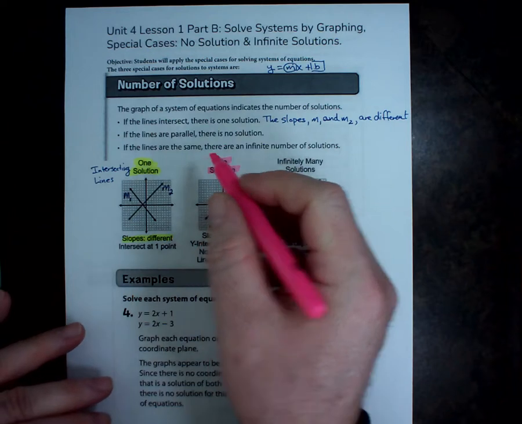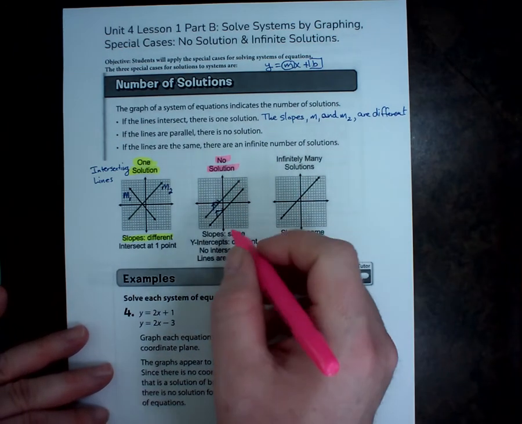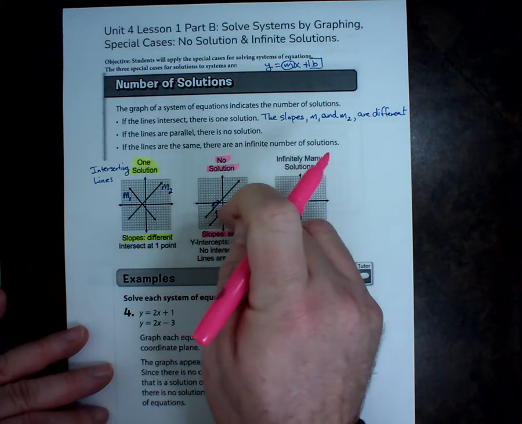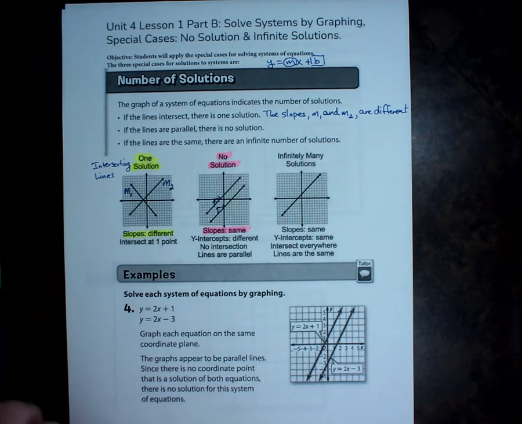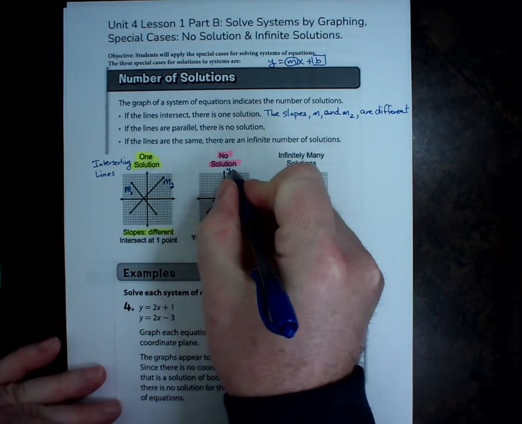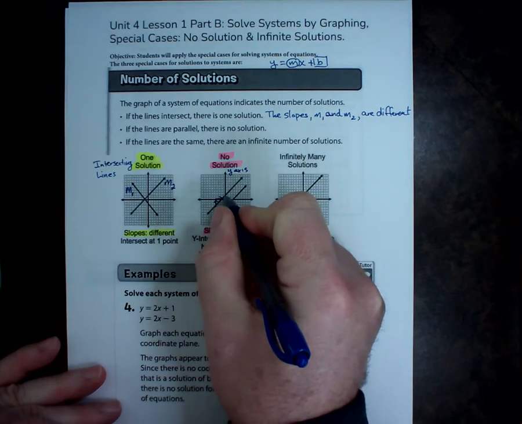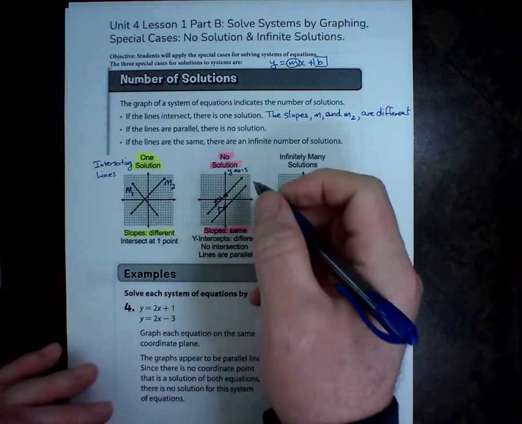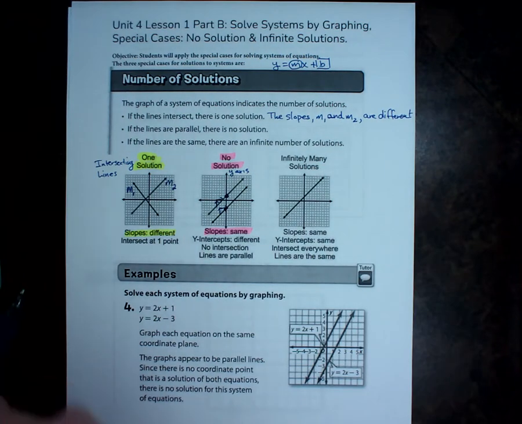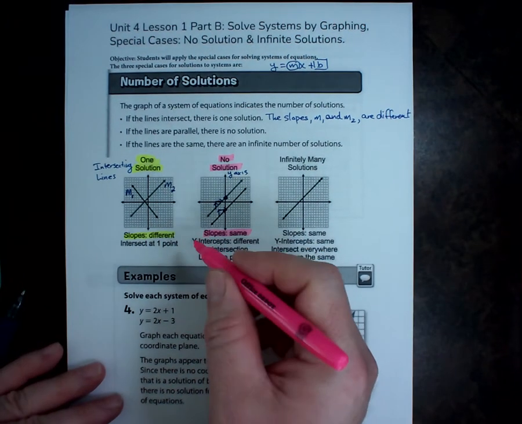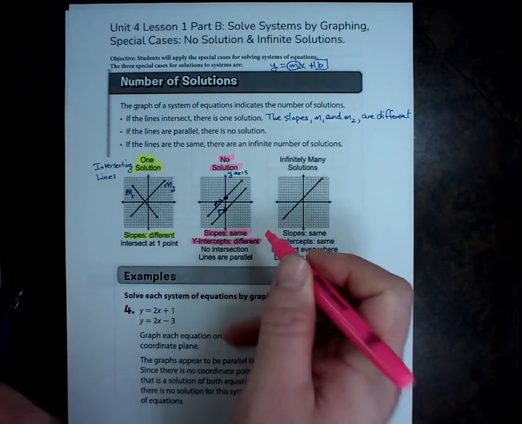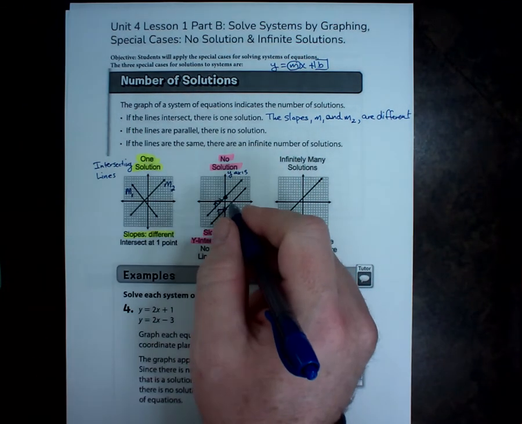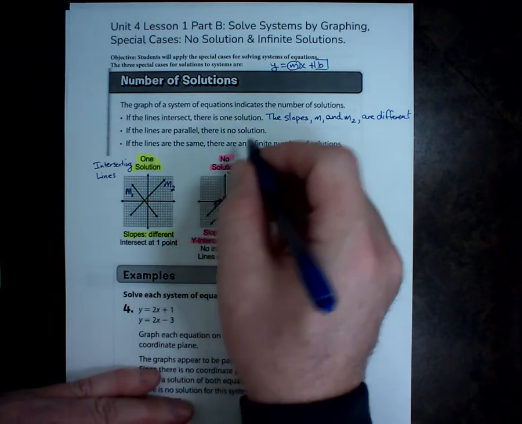If you look at the second situation, these lines are parallel. That means the slopes are the same. However, look where they are when they hit the y-axis. Here's the y-axis over here. The lines are hitting here and here. So they're not in the same spot. So the y-intercepts, we say, are different. So you have parallel lines, they never cross, therefore there's never a solution.